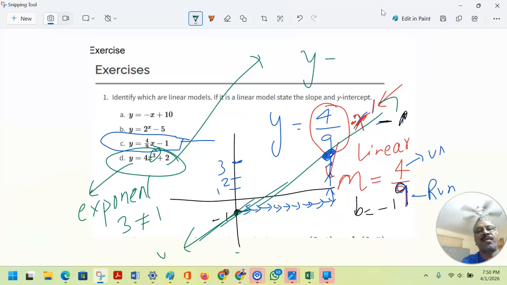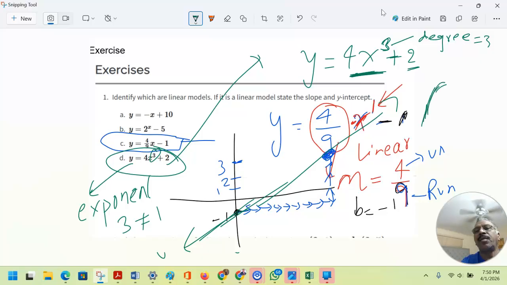This kind of shape, 4x cubed, is also a polynomial. Remember, polynomial means it's a sum of monomials, and the monomial with the highest exponent gives the degree, which is 3. It means the graph looks like an N shape. It may go this way, then downwards, and then go up like this.